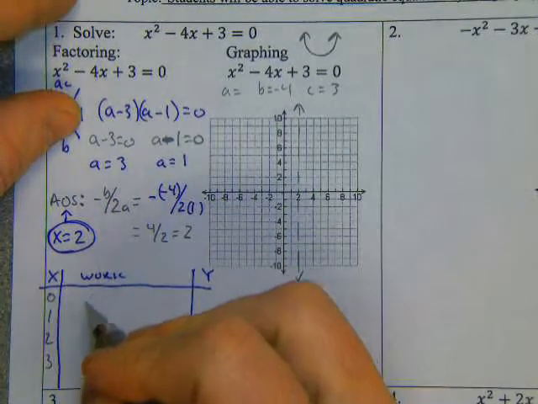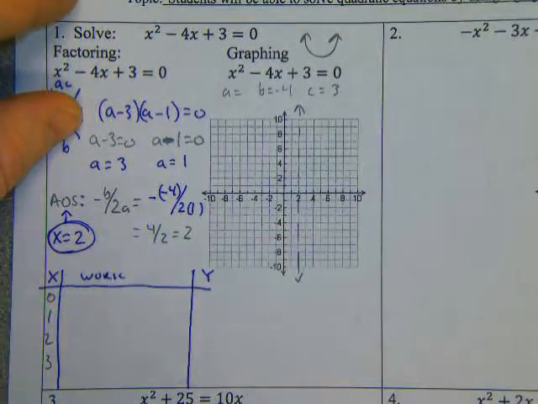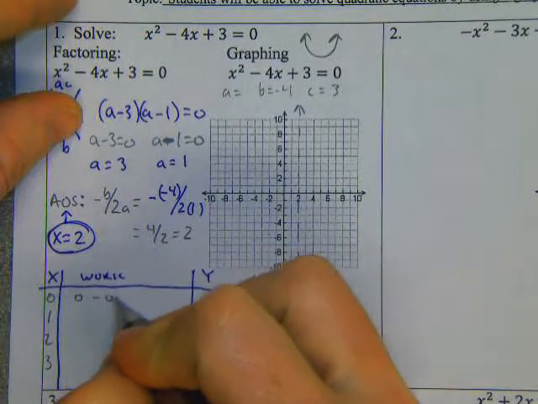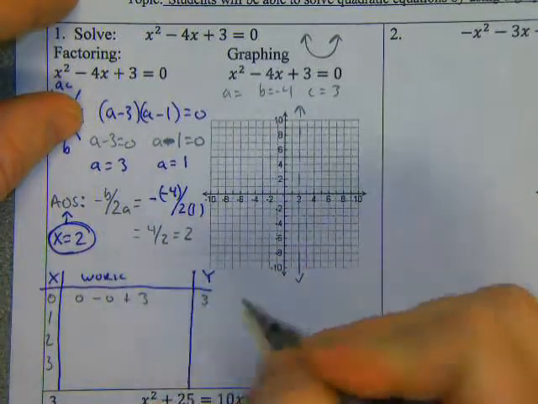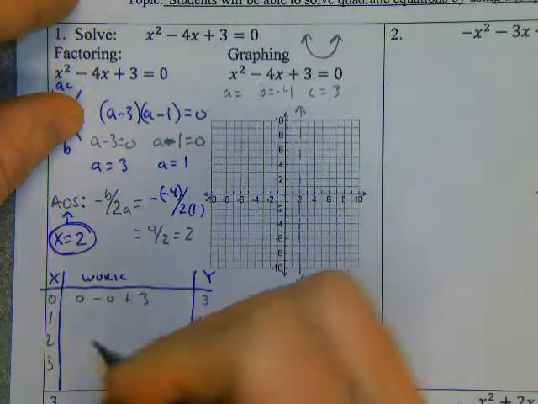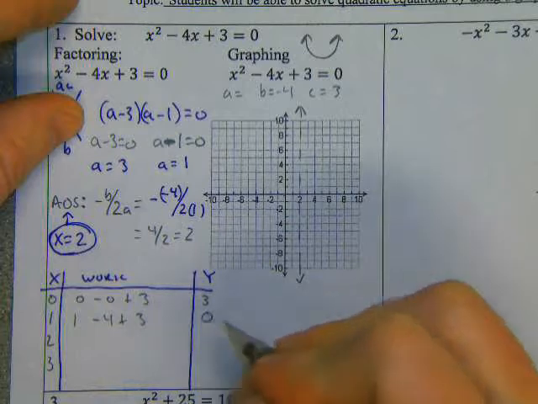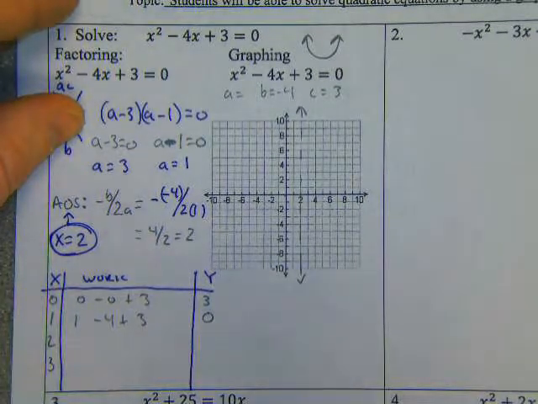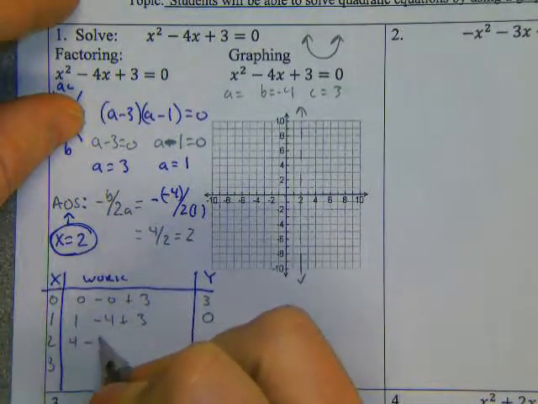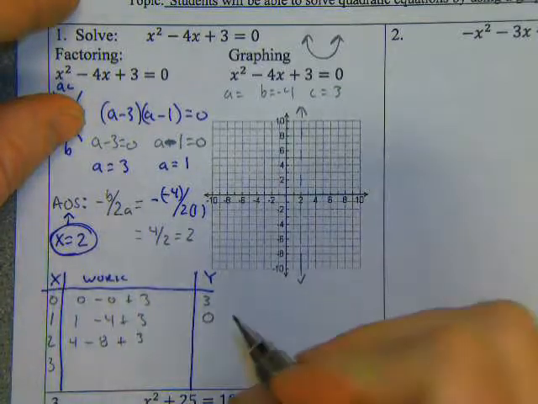Plug 0 in here, and I get 0 minus 0 plus 3. Put 1 in, 1 minus 4 plus 3. Put 2 in, 4 minus 8 plus 3.